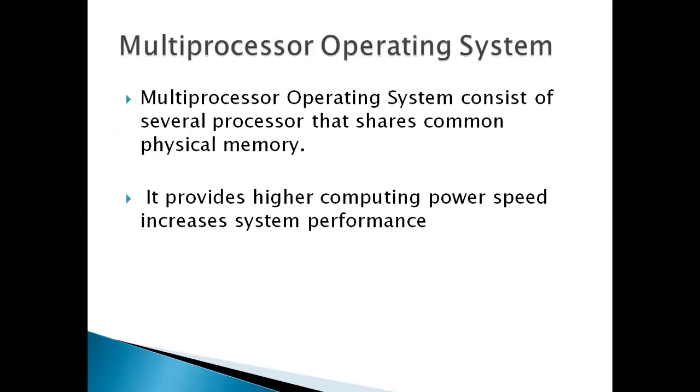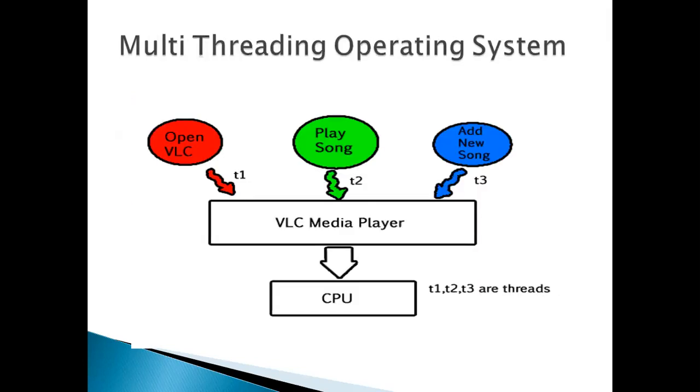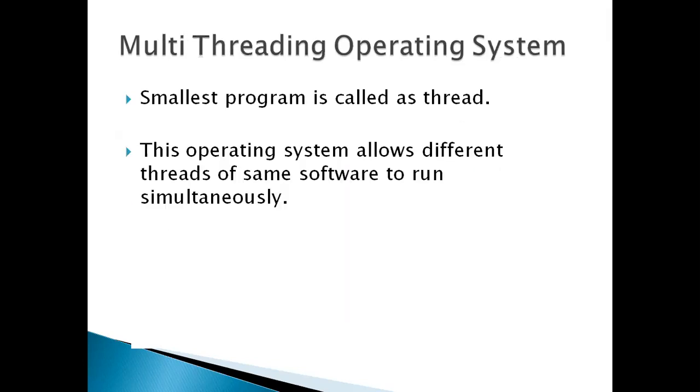Multiprocessor, here processors are several, but they are sharing common physical memory, because of which speed is more and performance is increased. Then we have multitasking, the tasks are different and they are handled by the same CPU. Multi-threading, the smallest part of a program is called a thread, and all the threads belong to the same app or same software, and it is handled by the same CPU.